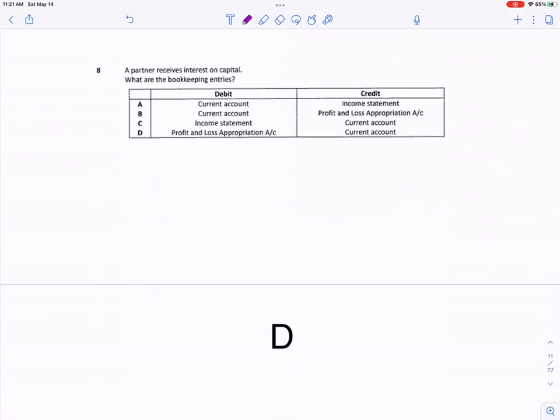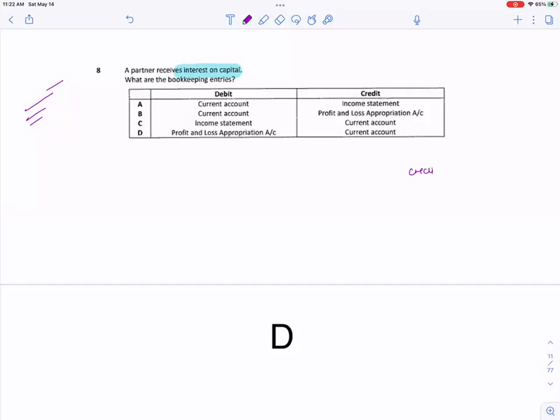Read this and tell me. Where will interest on capital come? Credit side.